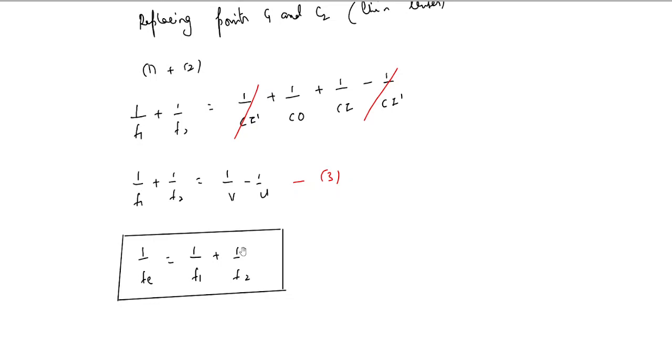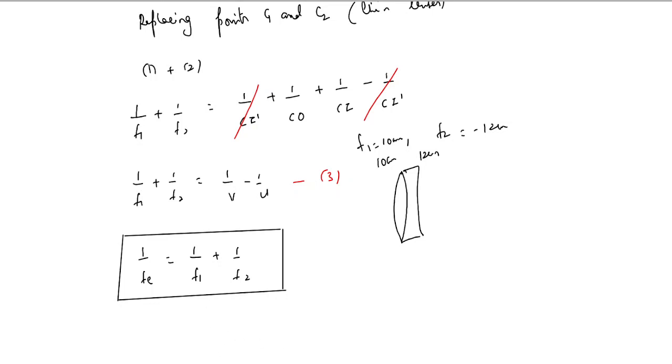While using this formula, always use sign conventions. If we take one convex lens and one concave lens attached together, and the focal lengths are 10 centimeter and 12 centimeter, then F1 would be plus 10 centimeter and F2 would be minus 12 centimeter. So always use this with sign convention.